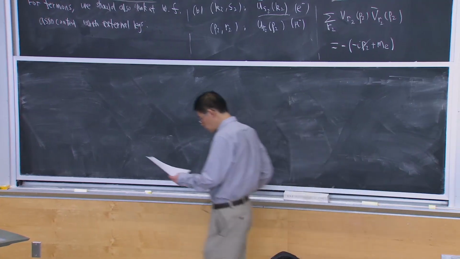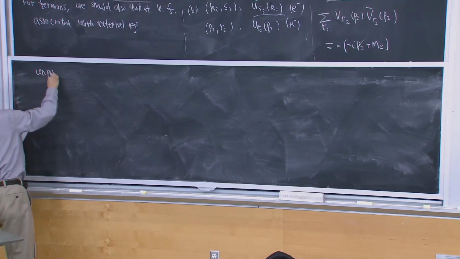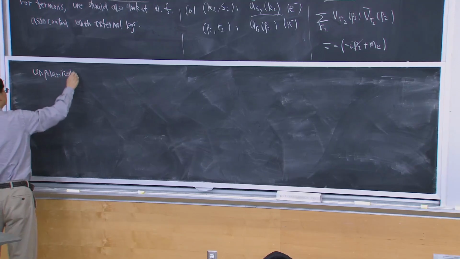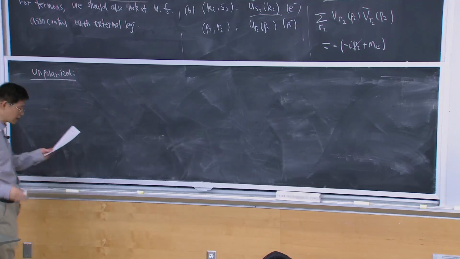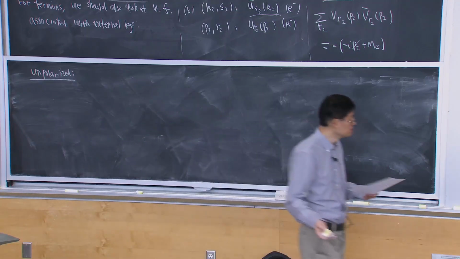We need to average over the initial spin and sum over the final spin.